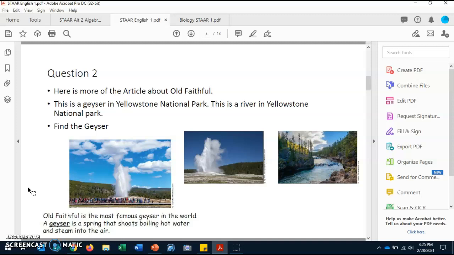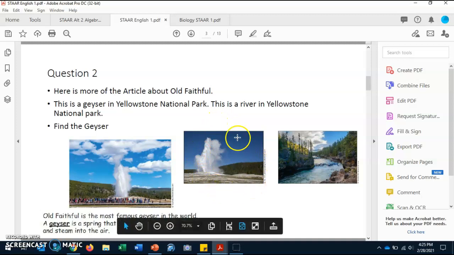And now it says, this is the geyser in Yellowstone National Park. This is a river in Yellowstone National Park. Now find the geyser.